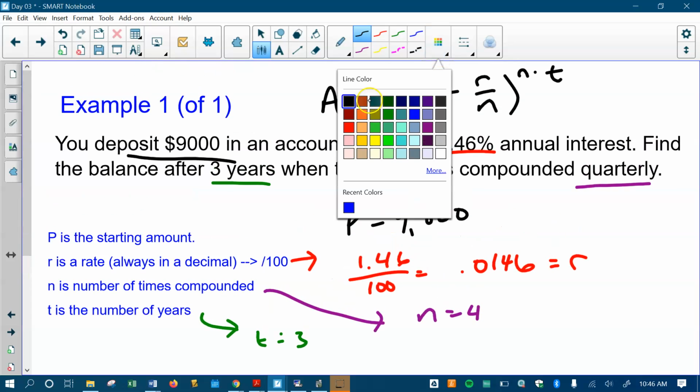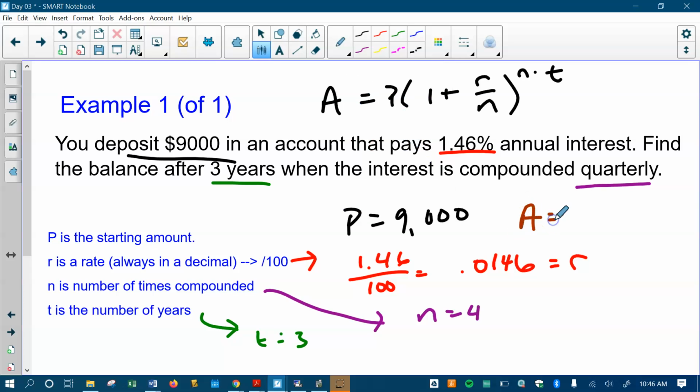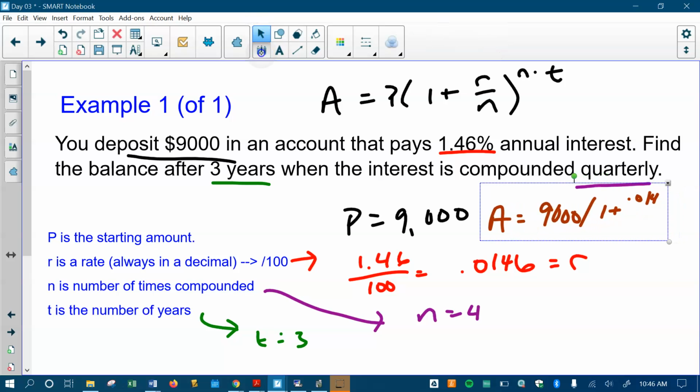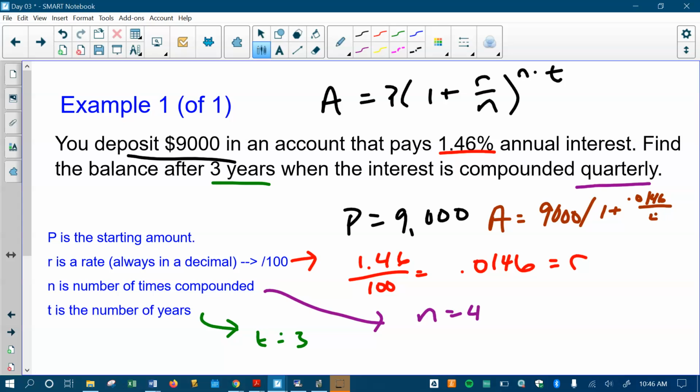So our amount after we compound $9,000 at 1.46% interest each year is A equals 9,000 times 1 plus 0.0146, divided by 4, because that's what N is, and then to the power of 4 times 3. Whatever we get there is what we're going to get overall.